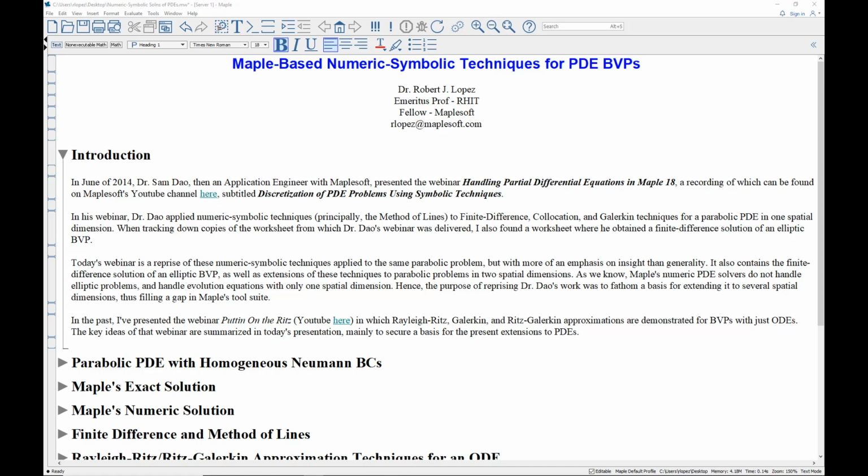So when I looked at Dr. Dow's work, what I was really trying to do was to see where was the basis for extending this work to several spatial dimensions.